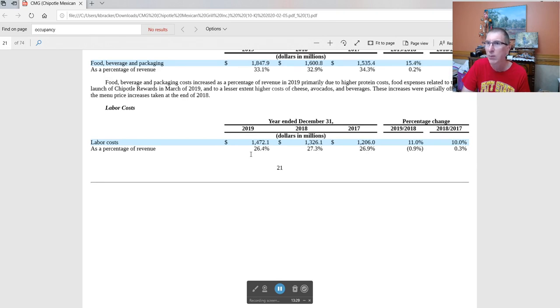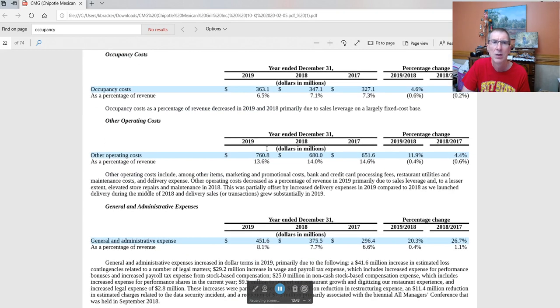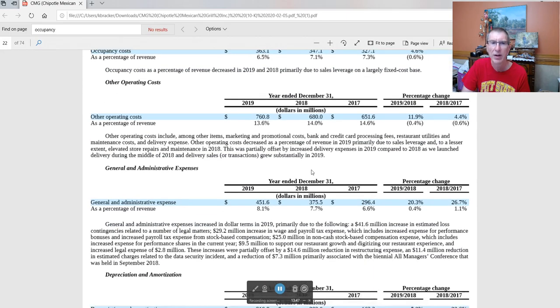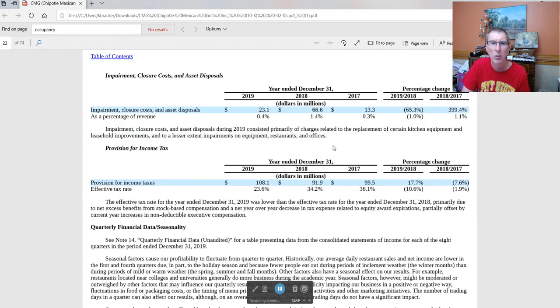So even though we've seen pressure on minimum wages, because of their growth in sales, they've been able to keep that percentage of sales actually down a little bit over the 3-year time period. Occupancy costs, other operating expenses. And again, we'll go through these in more detail in future videos.